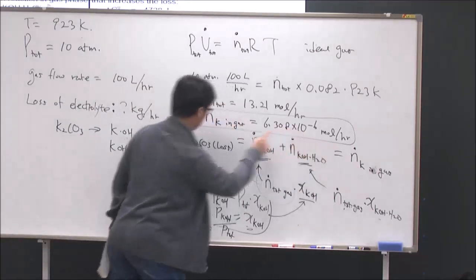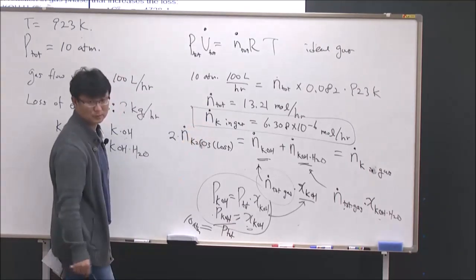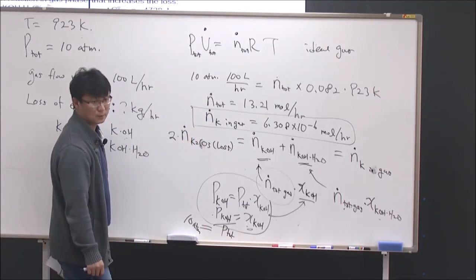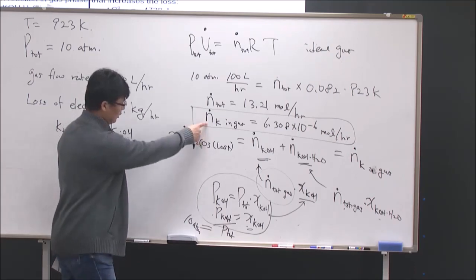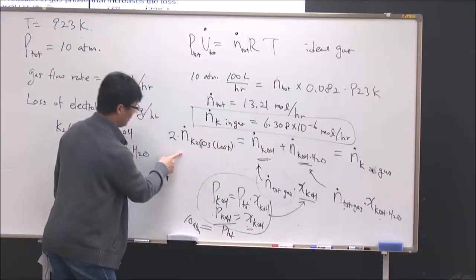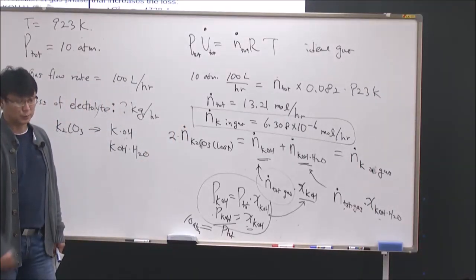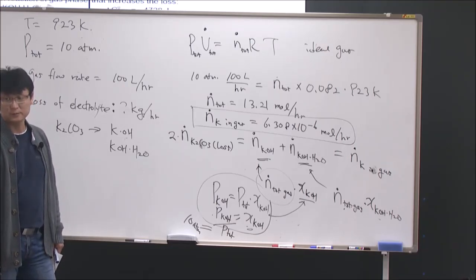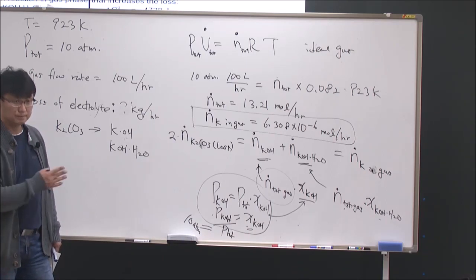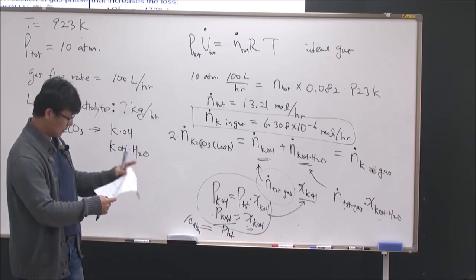So now we know this value, and the final loss of the K2CO3 is half of the potassium actual production rate in the gas species. If you do that, the answer is slightly different.